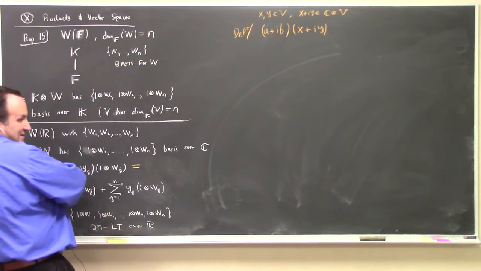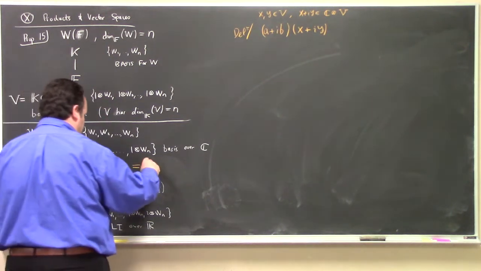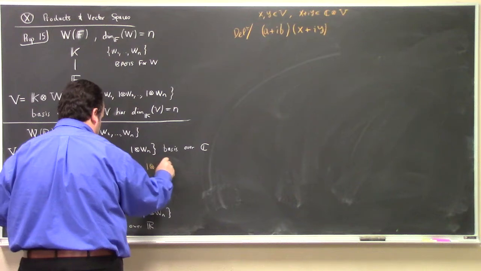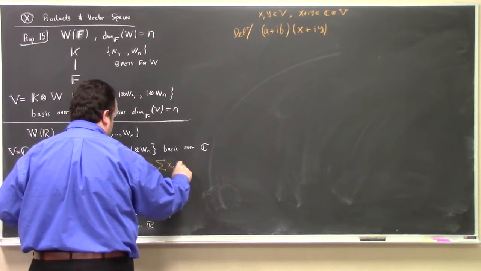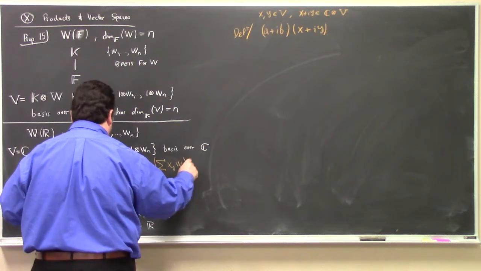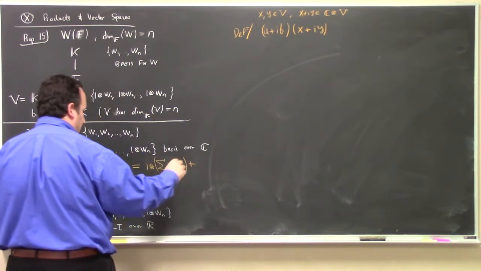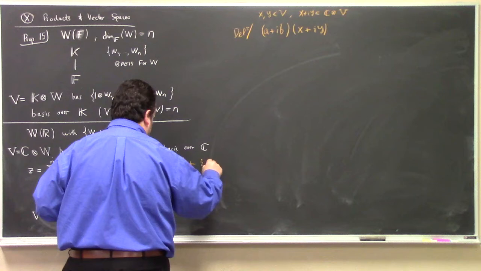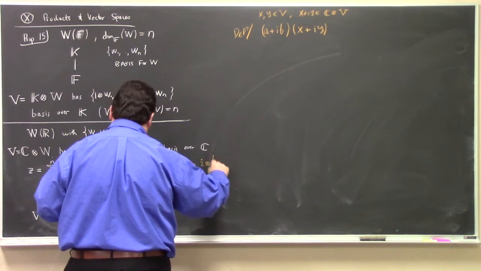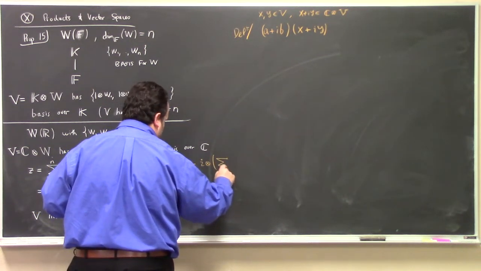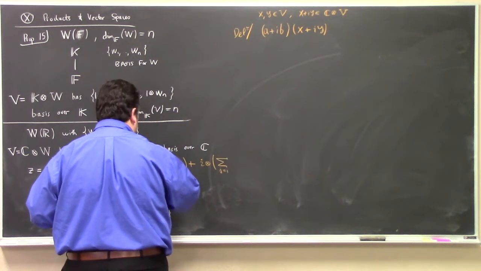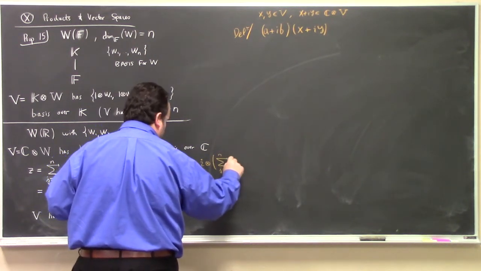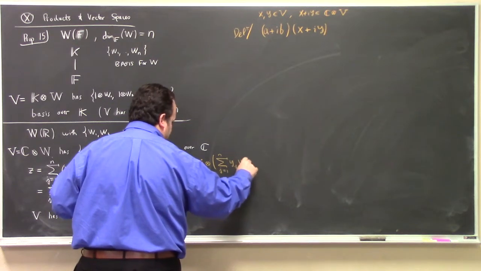I'm going to bring that sum into the second tensor, and this is 1 tensor the sum over xj wj plus i tensor the sum. This is where my mental block was.